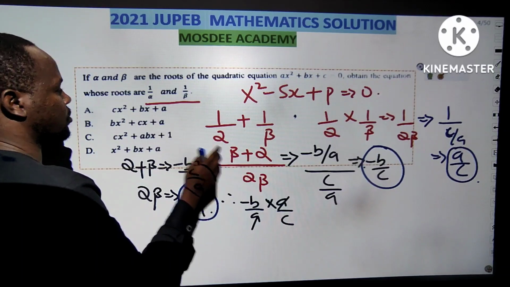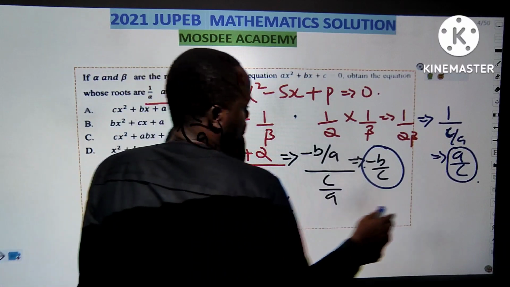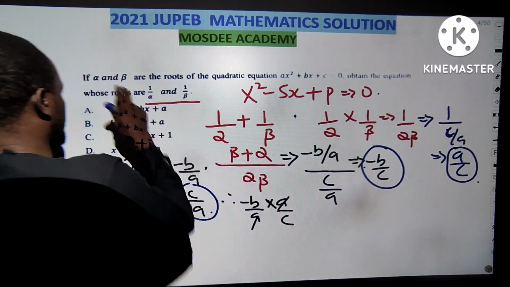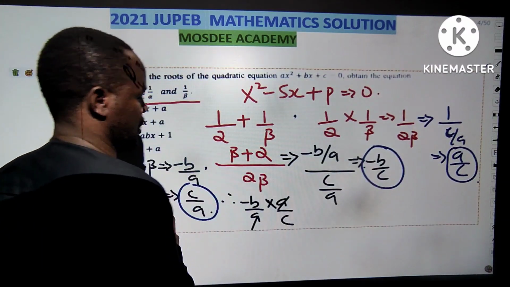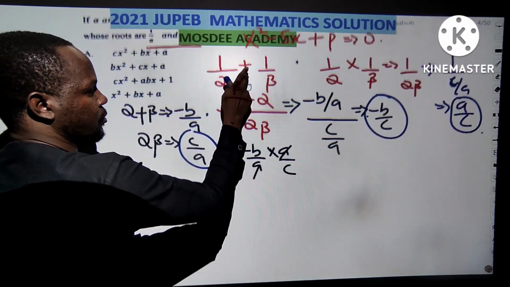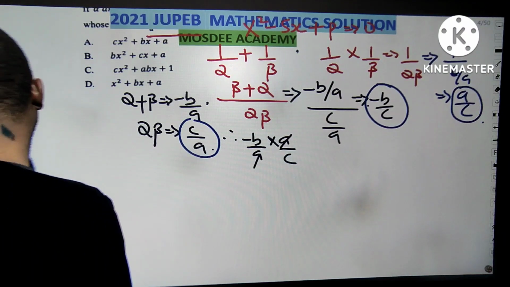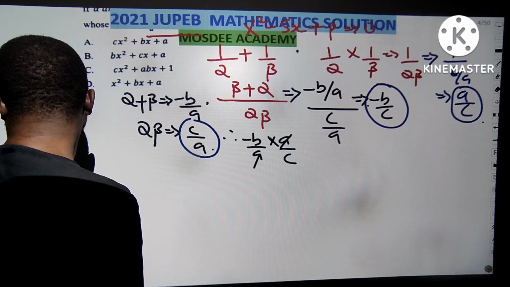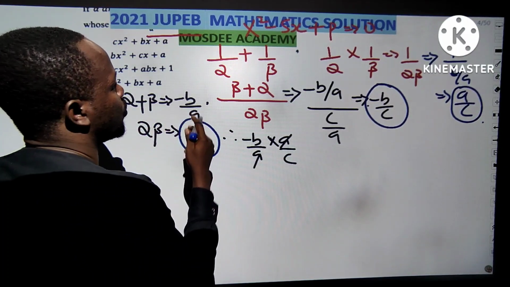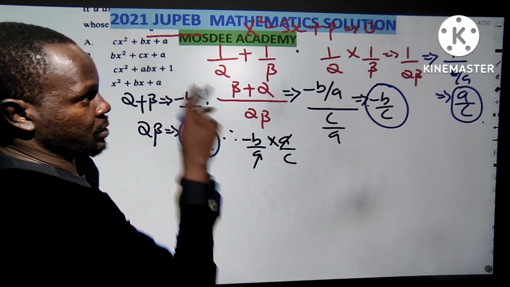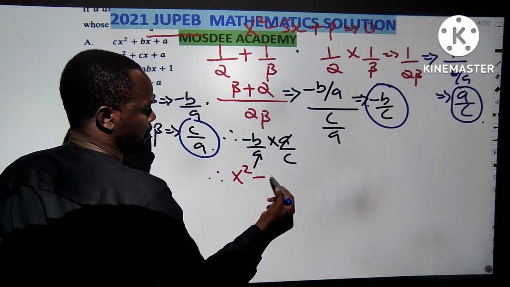Let's shift this a little bit. Let's just do some kind of simple example. Let's shift this a little bit up so that we have our space. Now from here directly, we know the formula for the equation: x squared minus the sum plus the product. So our answer will be x squared minus the sum.